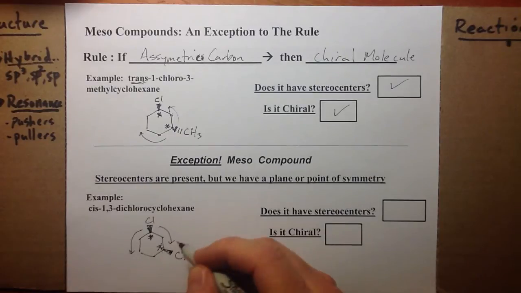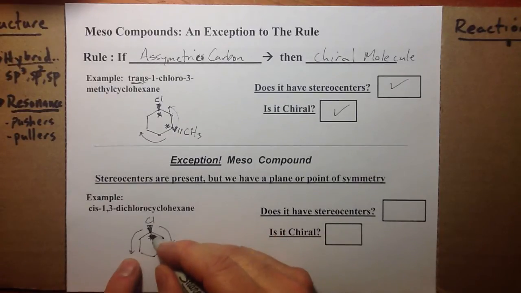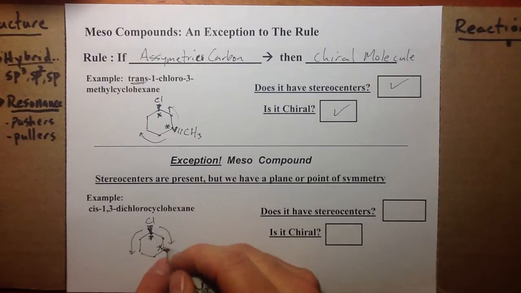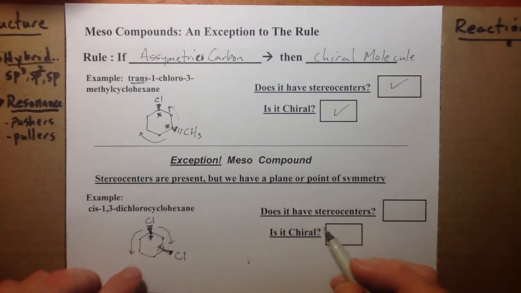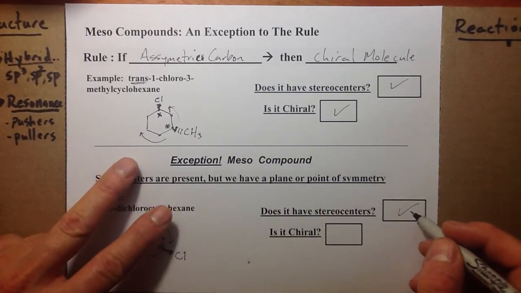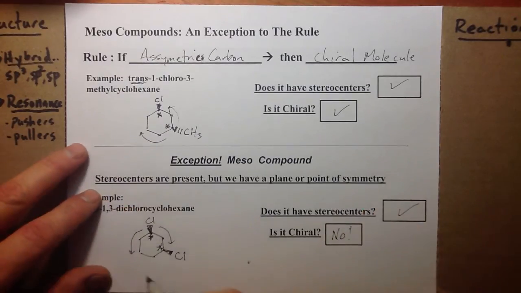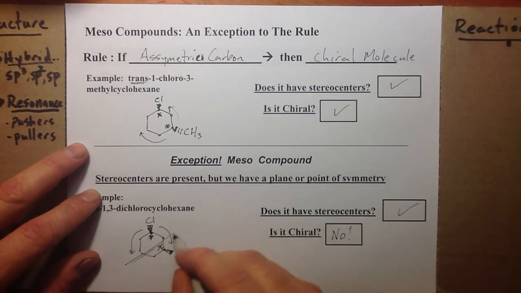And so also with this, if we go the other way, we start here, we'd say this carbon does not have a chlorine off of it, this one does, so they're different branches. But in this case, though we have asymmetric carbons, we have 2 of them, it is not chiral, because I can clearly see that I have a plane of symmetry.